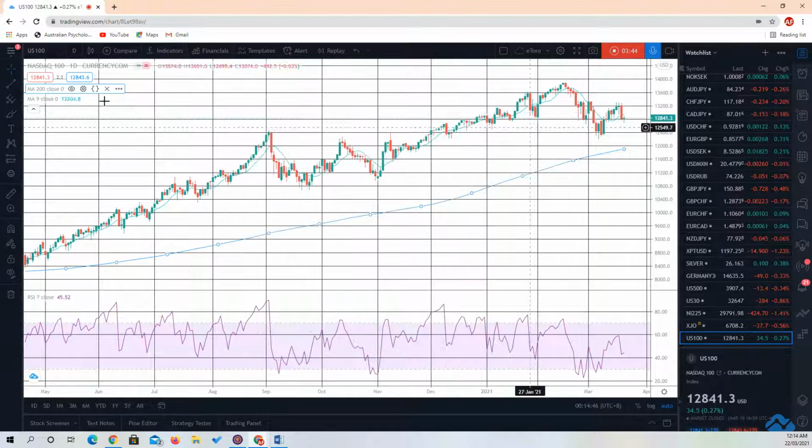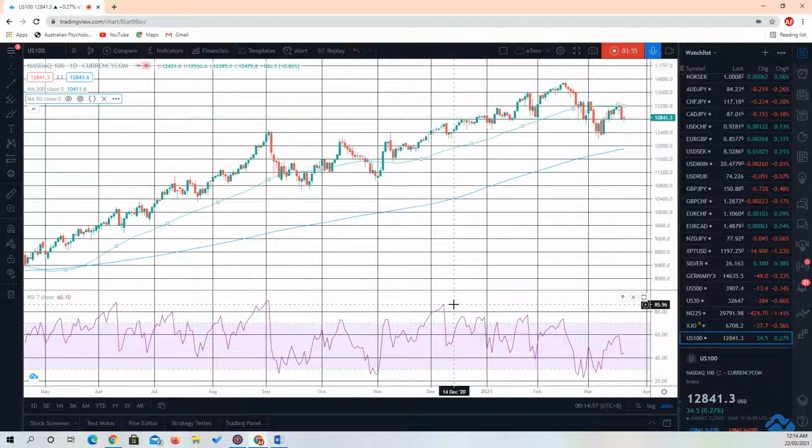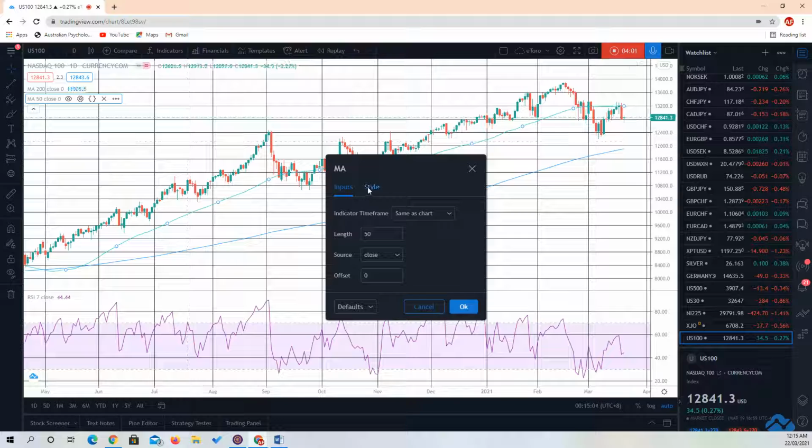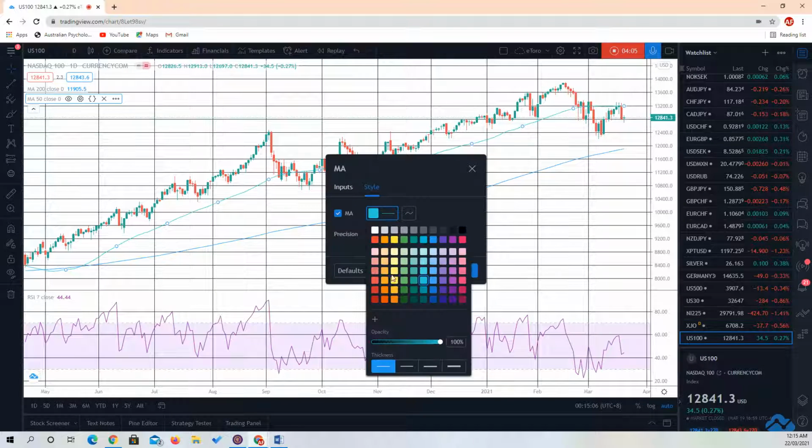Maybe it's better if I change the color of one of them to something different from the other one.